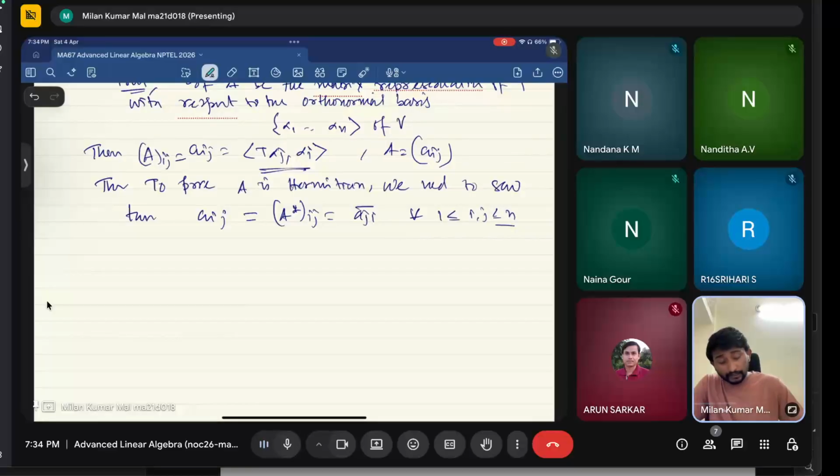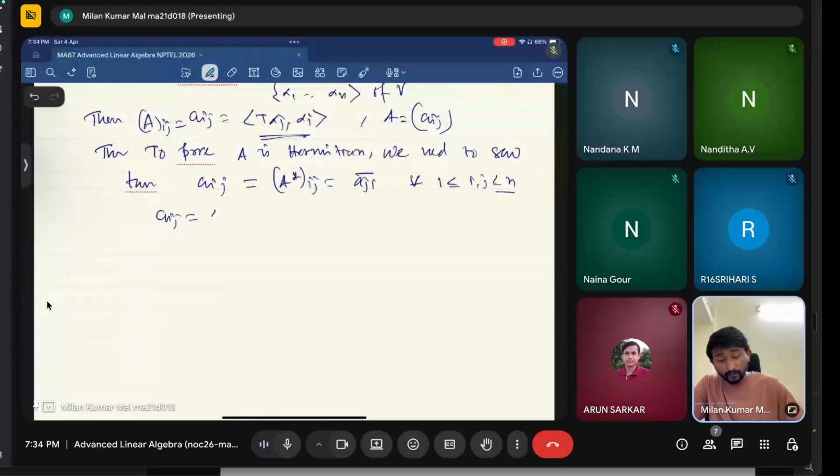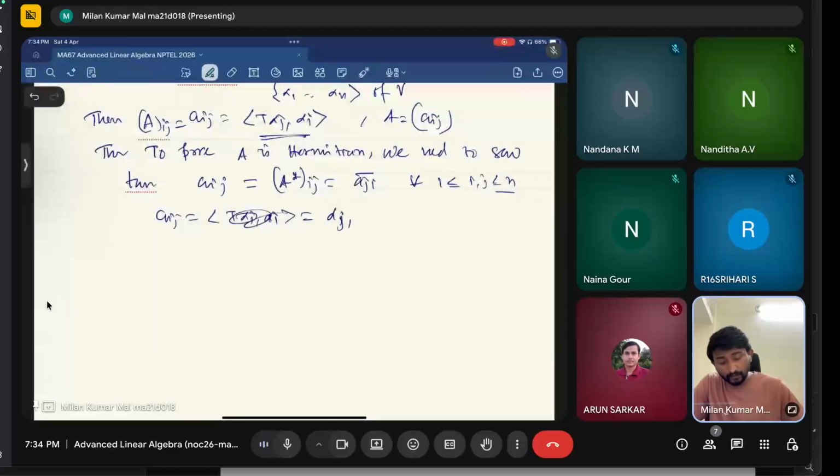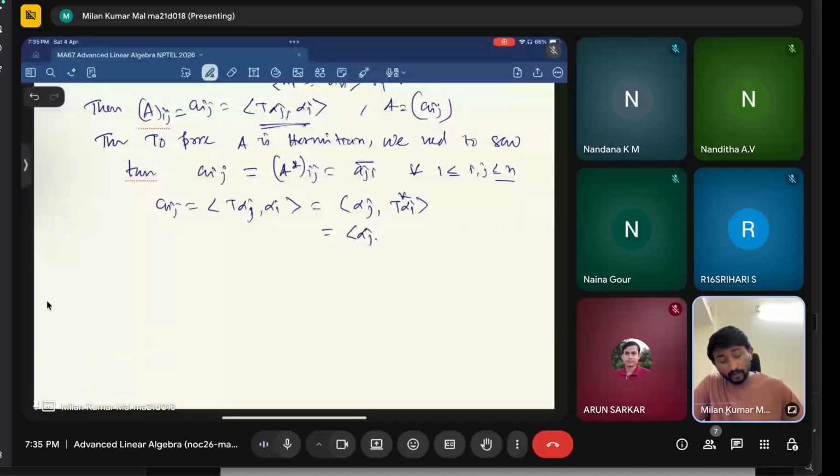Now how do we show that? We have Aij equals the inner product of T alpha j, alpha i. That equals the inner product of alpha j, T star alpha i, but T is self-adjoint, so I can use alpha j, T alpha i.